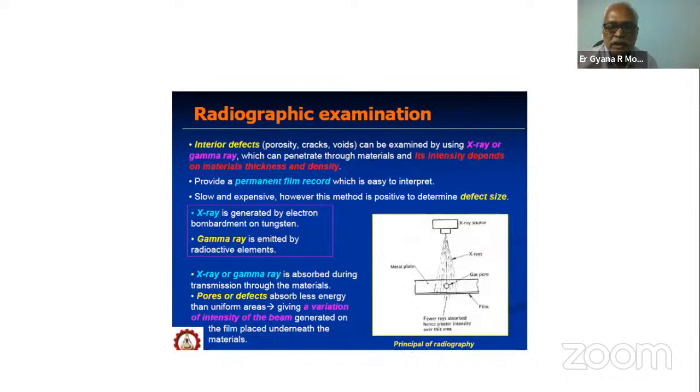Then radiographic examination. As you know, for radiographic examination you need a special power source, and this is normally outsourced. You have a film, you expose it, and you get the entire defect on the film itself. The exposed joint to the radiographic source gives a total picture on the radiographic film.